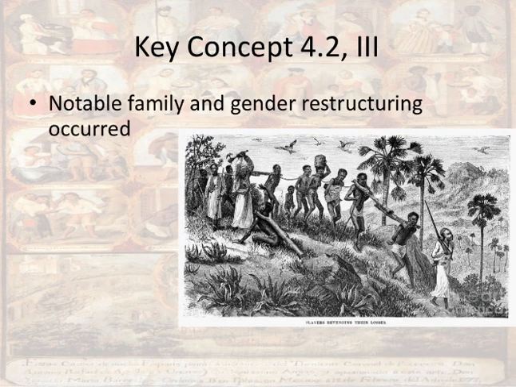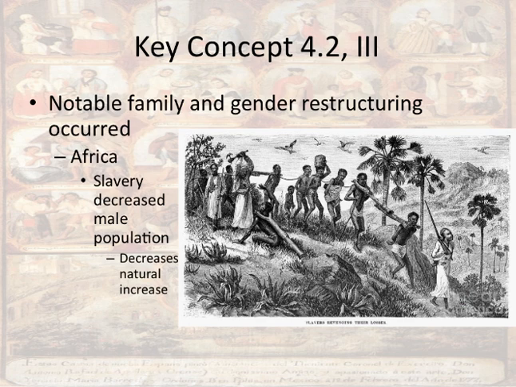Now, in addition to that, there's notable family and gendering restructuring that's occurring throughout the world. I'm going to give you one case study here. Africa is the best example of this. Slavery, of course, decreased the male population tremendously, and it leads to this population imbalance, which causes natural decrease in population because you don't have as many men and women.